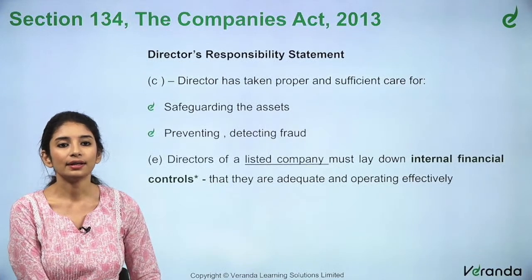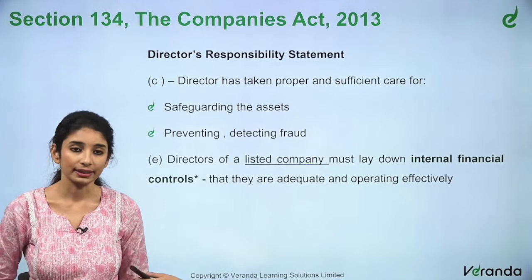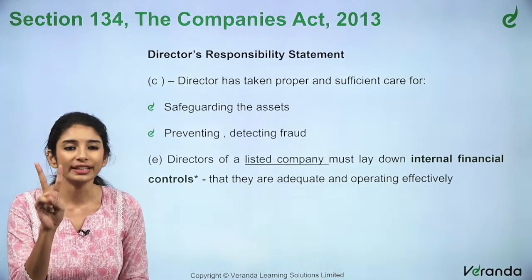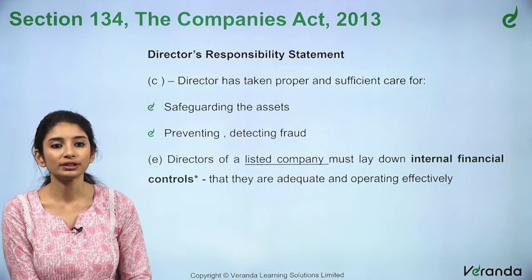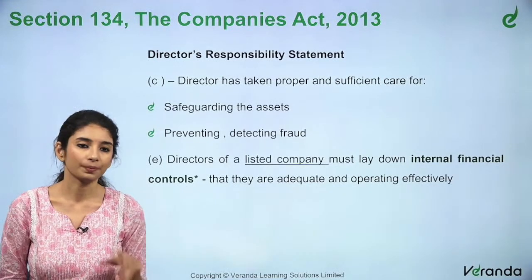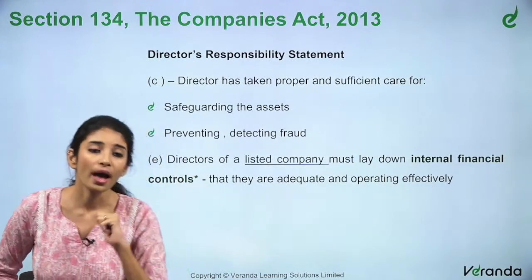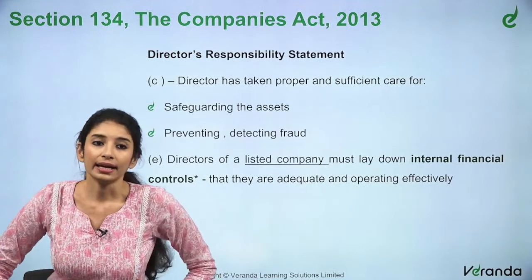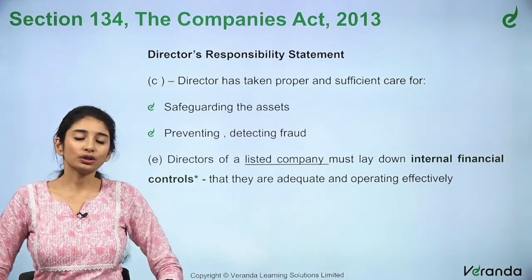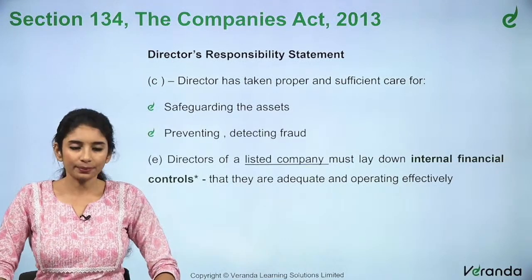Next, section 134 of the Companies Act 2013. There are only two sections that we are going to discuss in the Companies Act when it comes to this chapter: section number 134 and 143. Now 134 talks about the DRS, Director's Responsibility Statement.